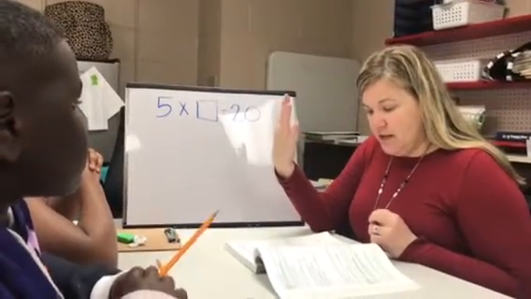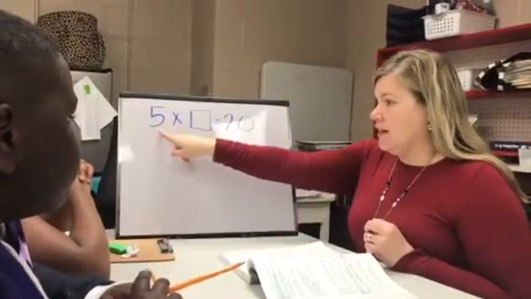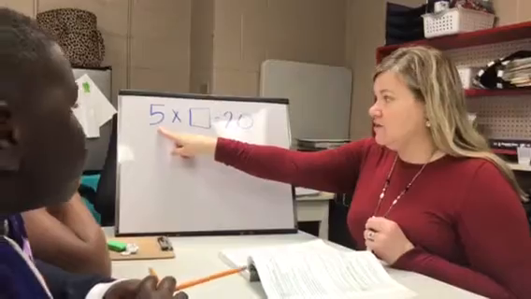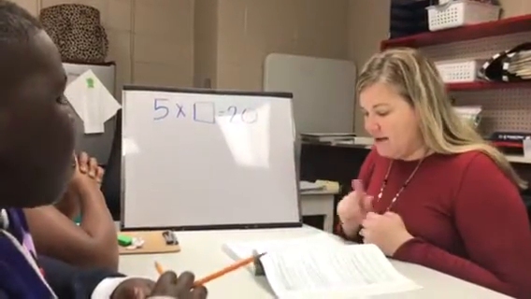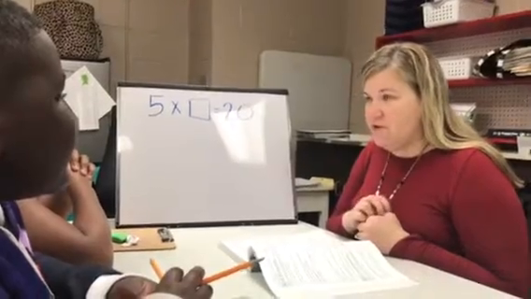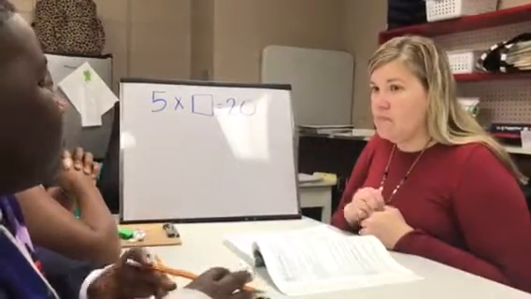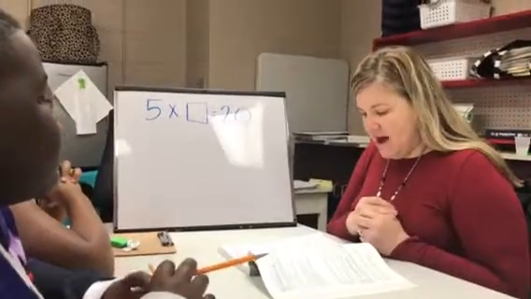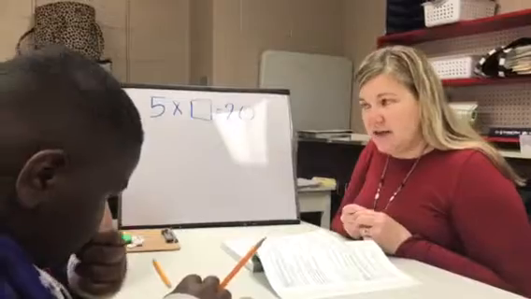Now it's your turn. Say what the problem tells us to do. Count by 5 to get to 20. Good. So you have to figure out how many times we count. What do you have to figure out? How many times we count by 5. So what are you counting by? 5. Good. Do you know how many times to count?